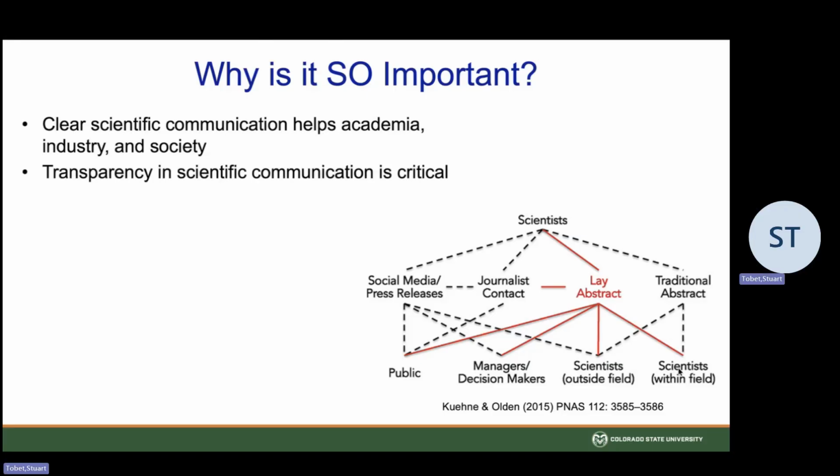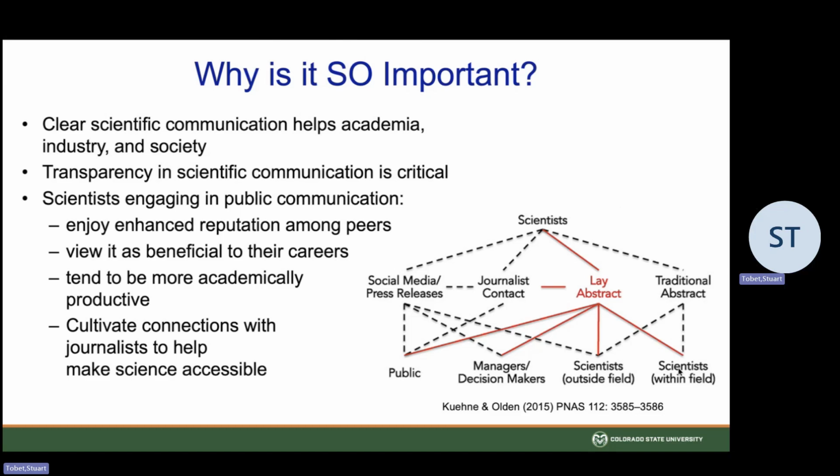Transparency becomes critical because we actually need to create a bond of trust with the people that we communicate our science to. You can already think about how we've lost that degree of trust in other fields. We need to keep that trust in the scientific communication space.